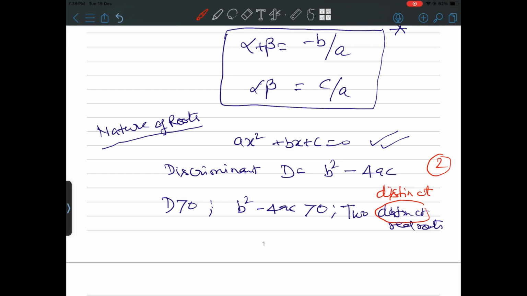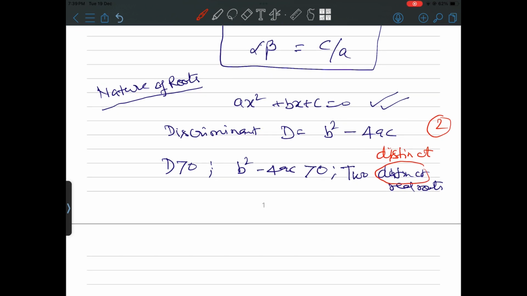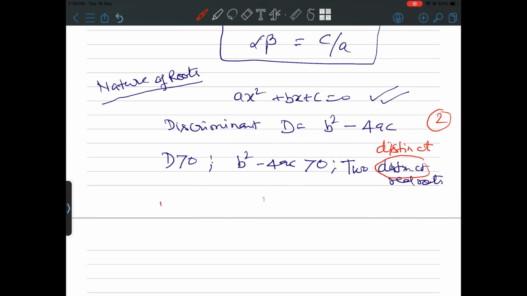Now let us see the second condition, where D is equal to 0. It means that once you calculate b square minus 4ac, it is equal to 0.